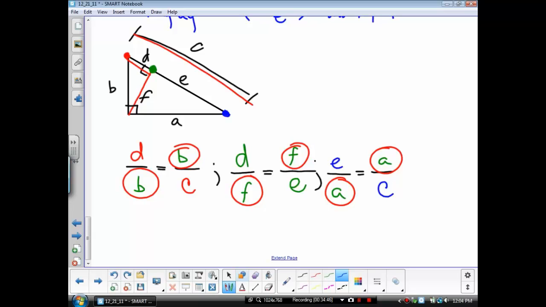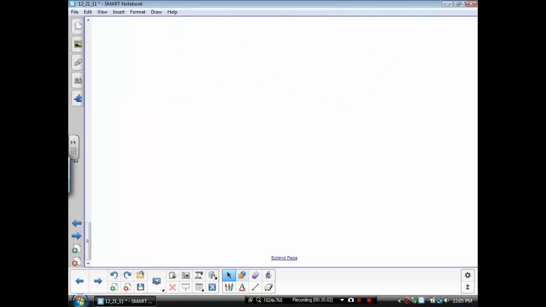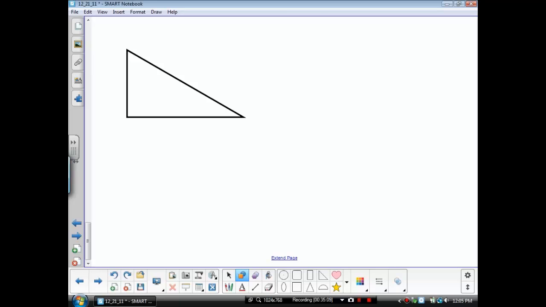Okay. What I'm going to do is take this triangle, rotate it around, and give those values different names. And see if we still understand what this is. You ready for it? Okay. Triangle. Rotate it around.